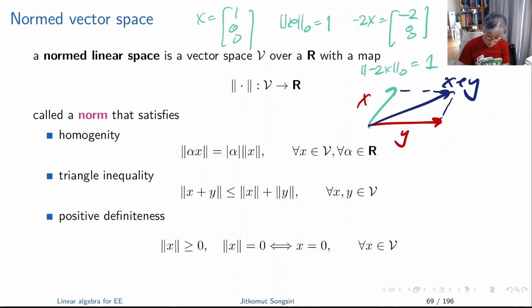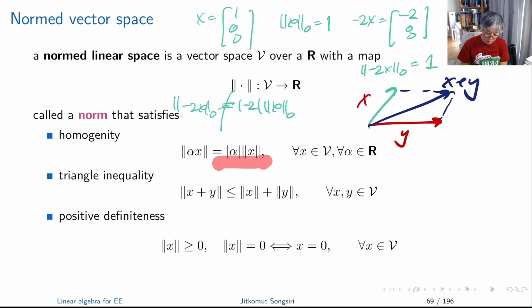But then it doesn't satisfy the homogeneous property, because in order for it to be a norm, the norm of negative 2x is supposed to be equal to the absolute value of -2 times the zero norm of x. So this condition is violated. All right.